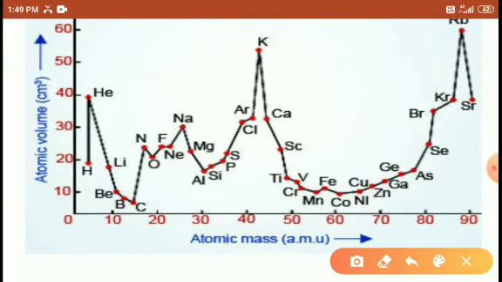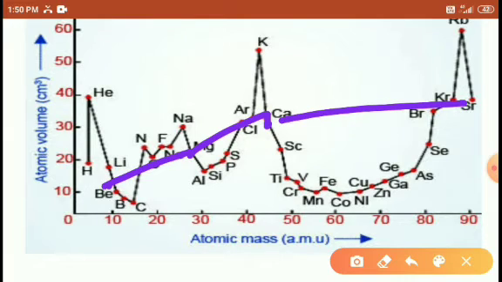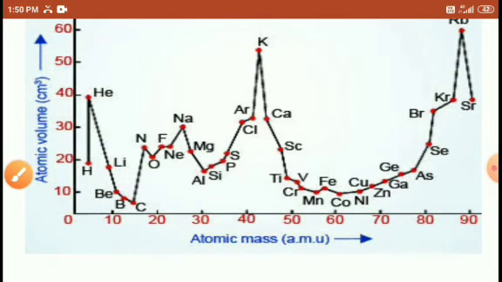Similarly, beryllium, magnesium, calcium, and strontium. The graph goes on increasing with increasing atomic mass and atomic volume. Right? So like that he arranged the elements here.